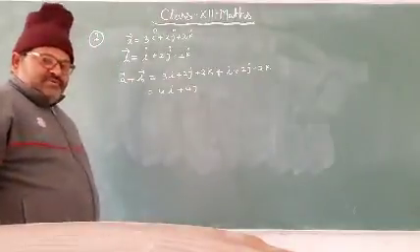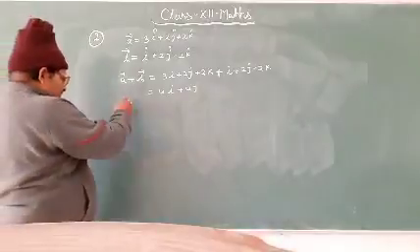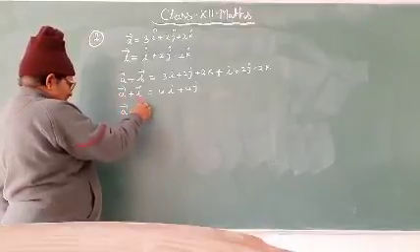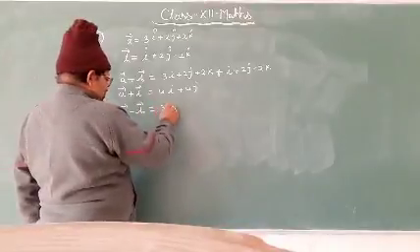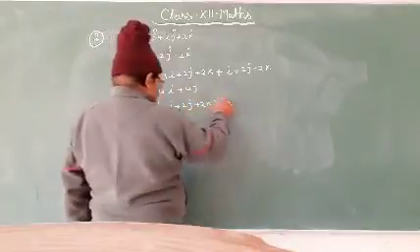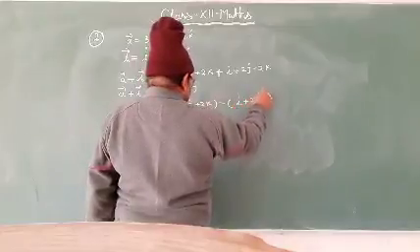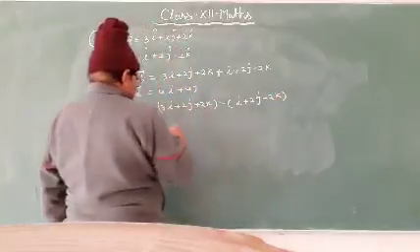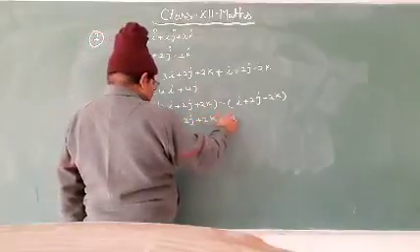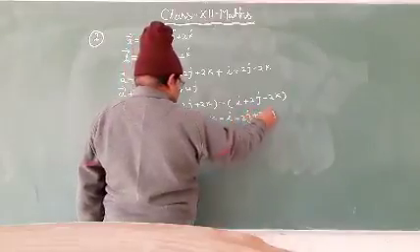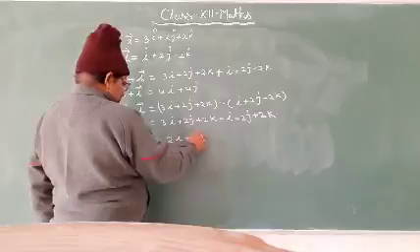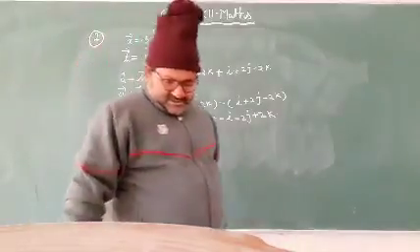This is the value of vector A plus vector B. And vector A minus vector B equals 3i plus 2j plus 2k minus (i plus 2j minus 2k), which equals 2i plus 4k.